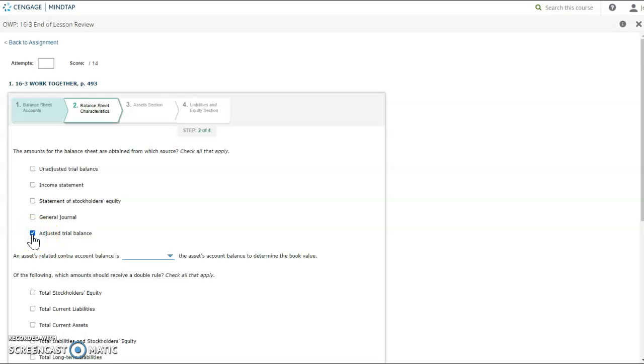However, if you remember our stockholders equity section, that's going to come off of our statement of stockholders equity. An assets related contra account balance is not affected by, added to, or deducted. Hopefully you remember that this is going to be deducted from the assets account balance to determine the book value. So to figure out book value, we take asset minus the contra account.